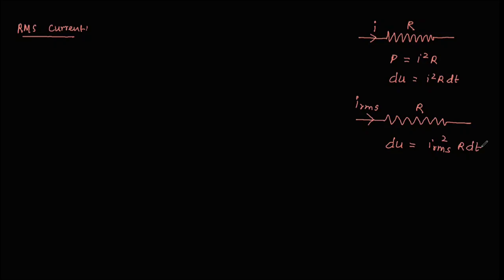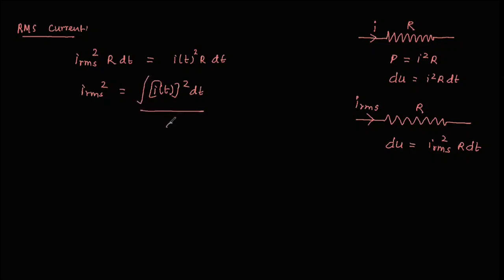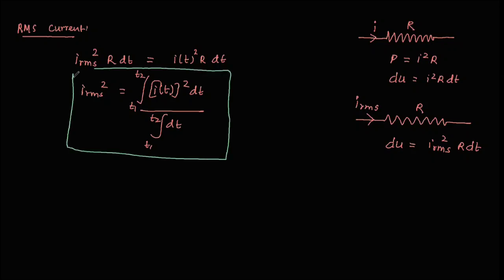If I equate the two terms, then I RMS square R dt can be written as I as a function of t, squared, times R dt, where I RMS square can be written as the integration of I as a function of t squared dt, upon the integration of dt, from time interval t1 to t2. So this is the logic behind defining the RMS value of current.